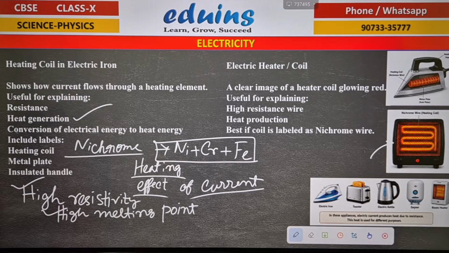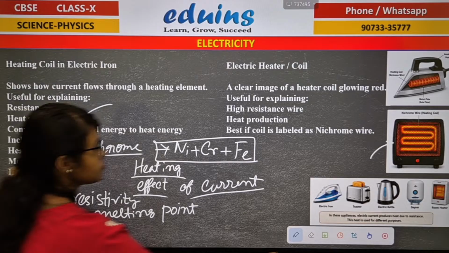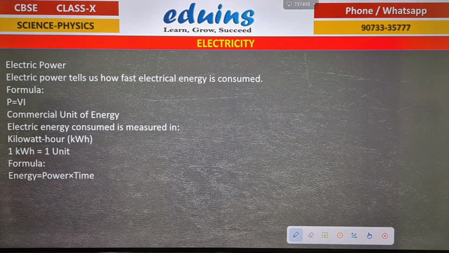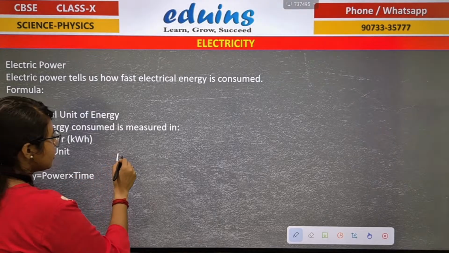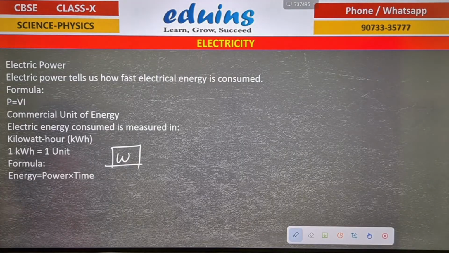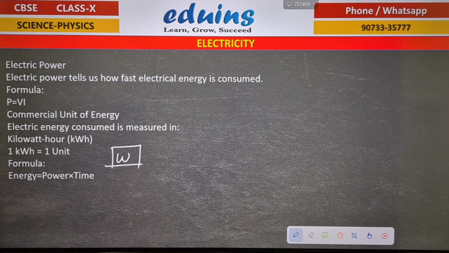So these are the applications. Now we have to determine the electric power. We know that work done per unit time is known as electric power.